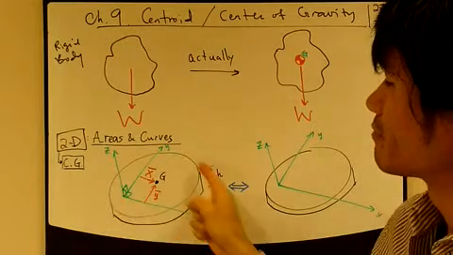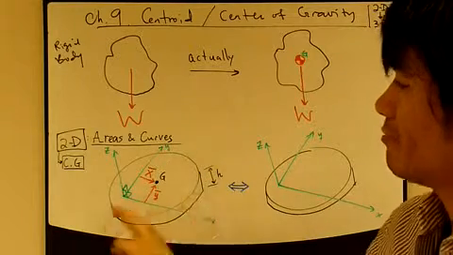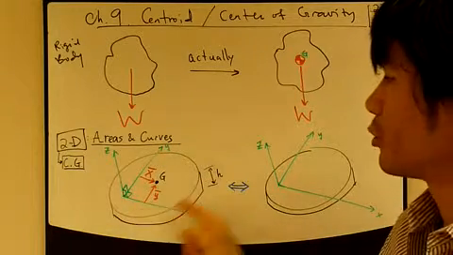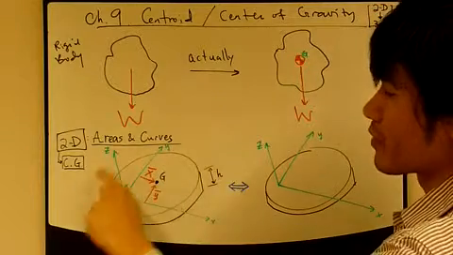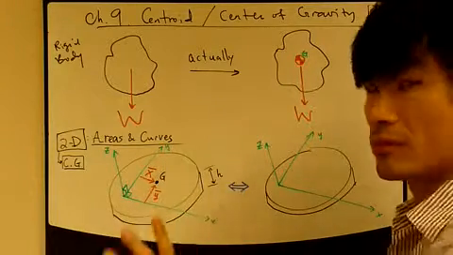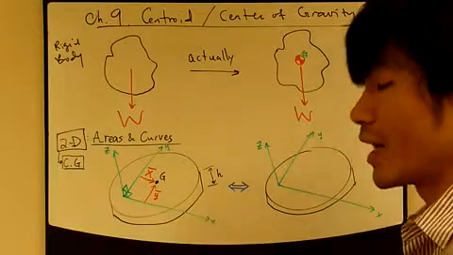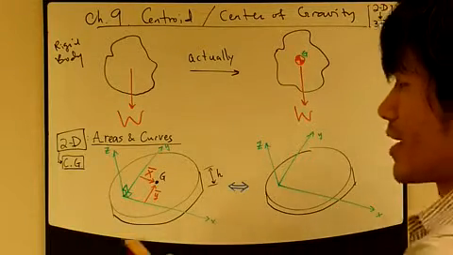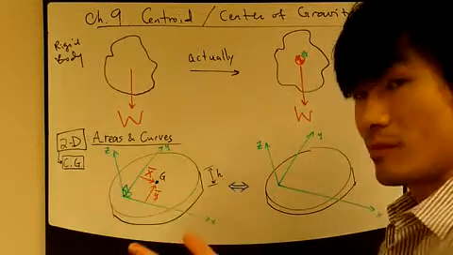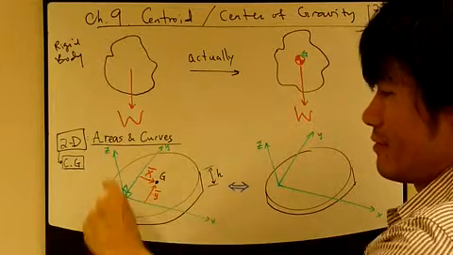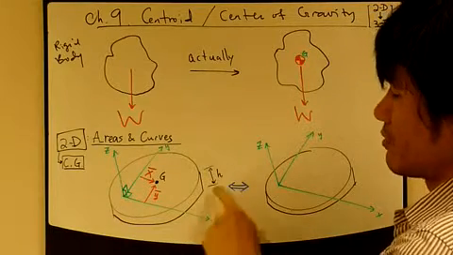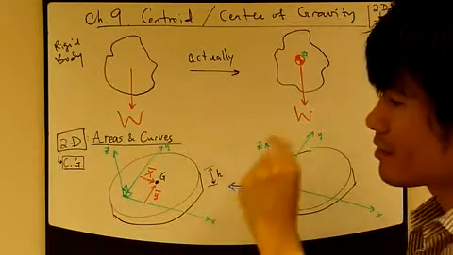Let's say we have a simple shape like this. It could be round, could be an oval shape, it doesn't matter. Some rigid body, two-dimensional. But in order for me to formulate the equation, let's add a little thickness. It's a thin plate, so a small little thickness called H, a little height.